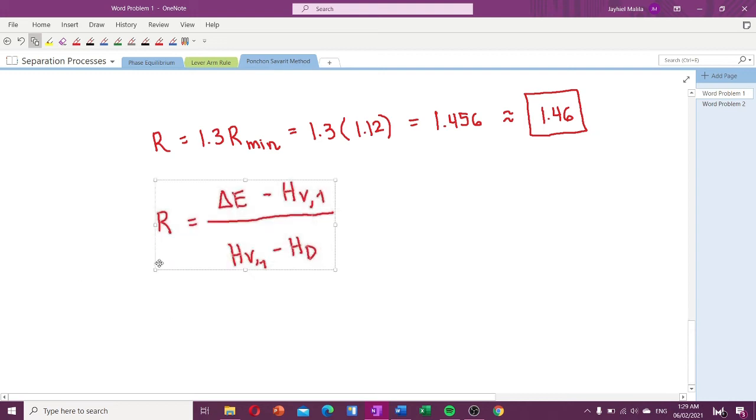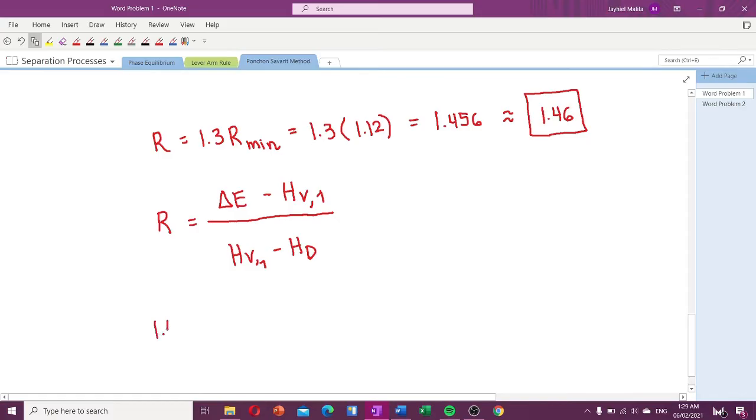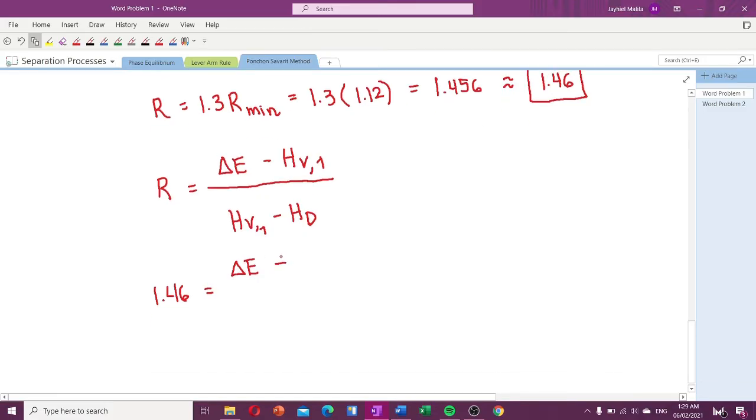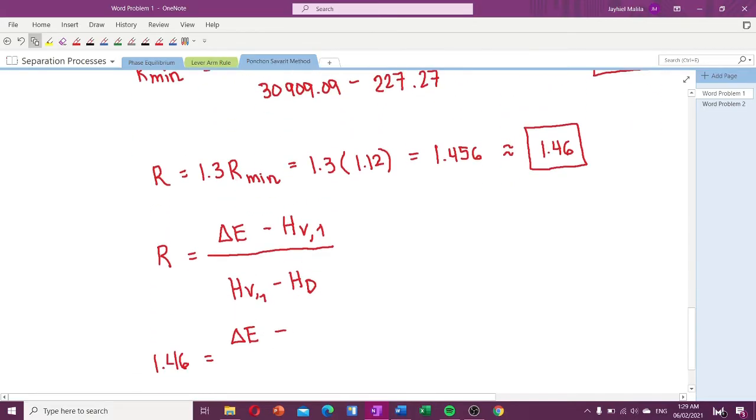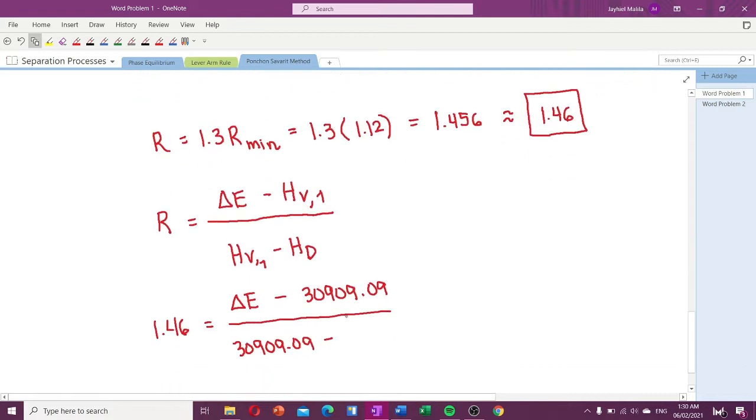So if you have a value of 1.46 and your delta E is unknown, you can use your calculator to solve for delta E. The HV1 is 30,909.09 over 30,909.09 minus 227.27.